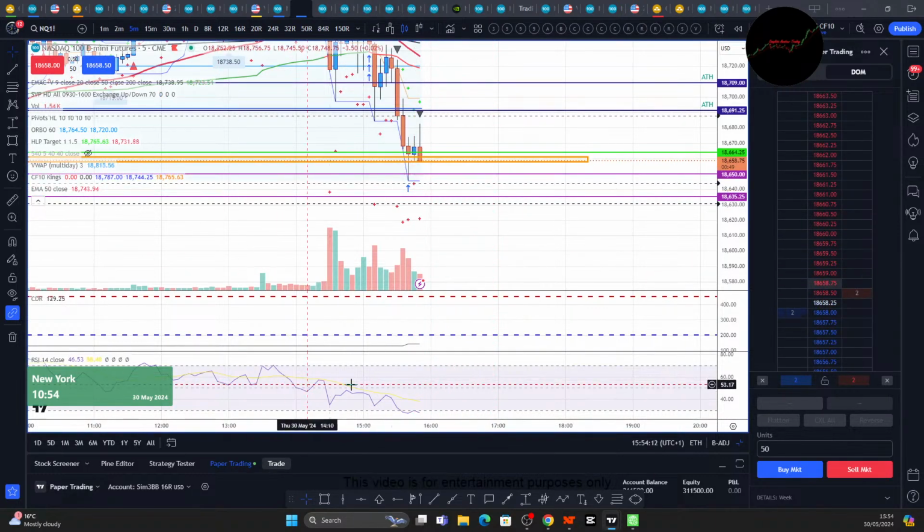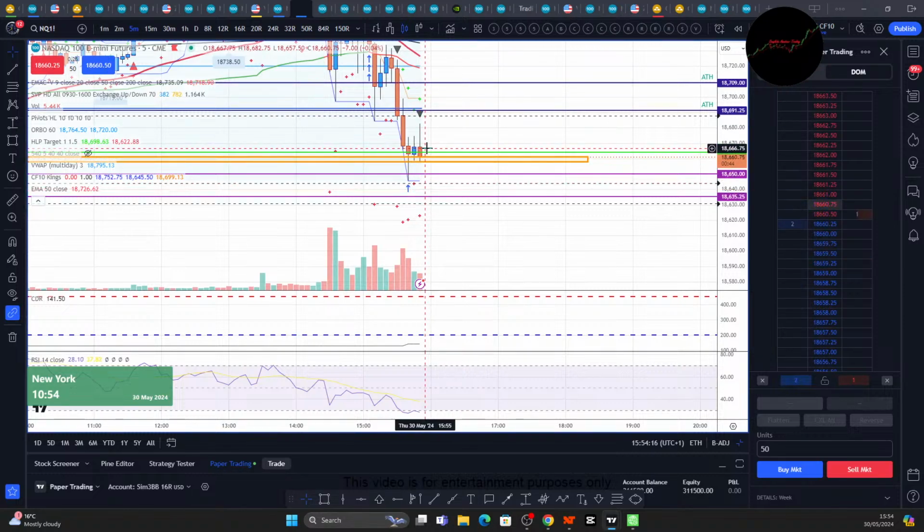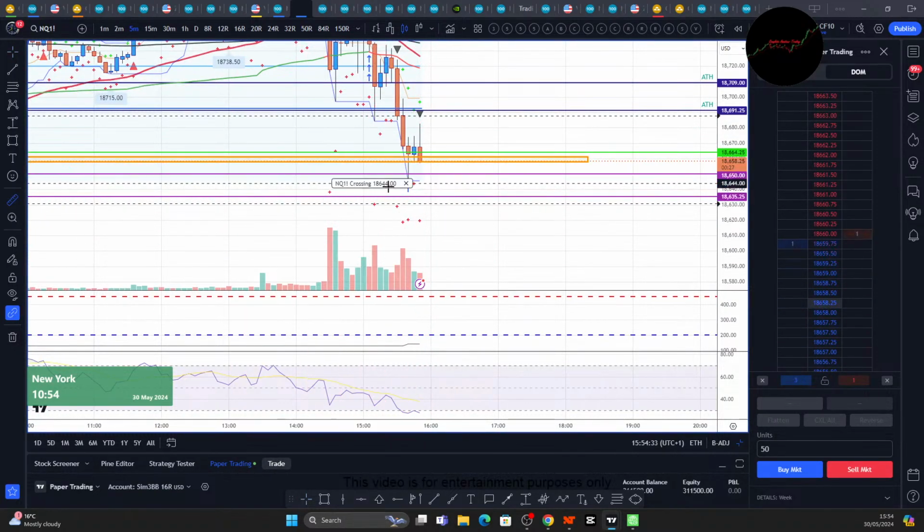Testing the previous lows there at 58. Seems like that move up has been stuffed. New lows on the day.